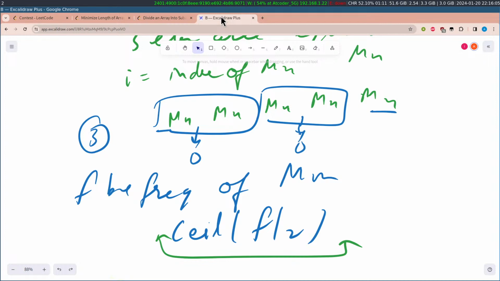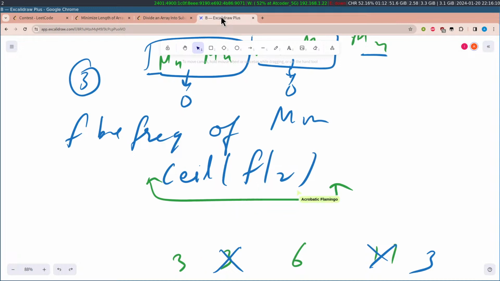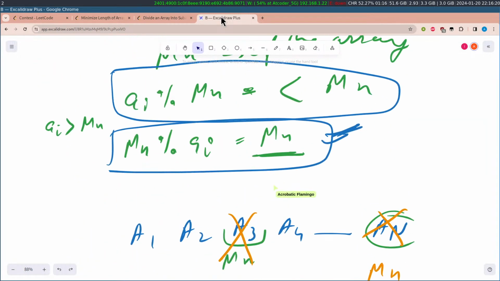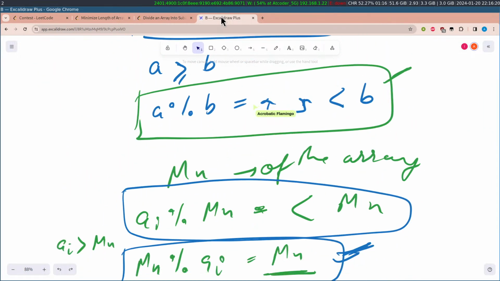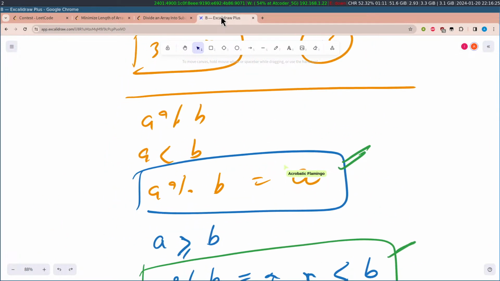Now one more idea over here. This is an upper bound of the minimum possible value, and we can do something better than this as well. So far we have used the first property, and our claim is that if there are f values which are equal to minimum, then our answer can be ceil of f by 2.